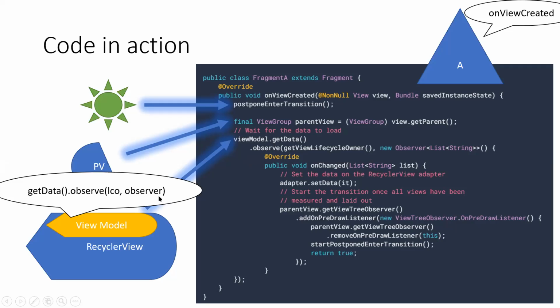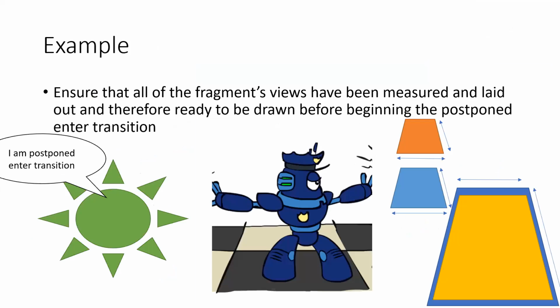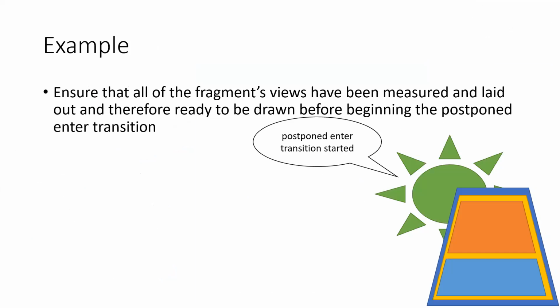This observer is going to observe the events that are happening, like whether the elements are properly laid out, events like the ones you are waiting for finishing. Here I mentioned that you need to ensure that all the fragment views have been measured. So these are the events: are they measured, are they laid out? Once they are done, only then you are ready to start the postponed transition.